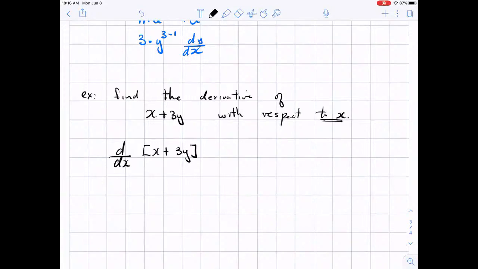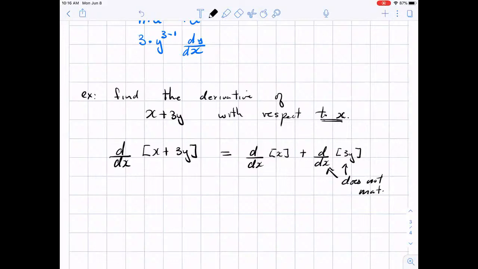We know that this is the same as d dx of x plus d dx of 3y. Notice here the variable does not match.